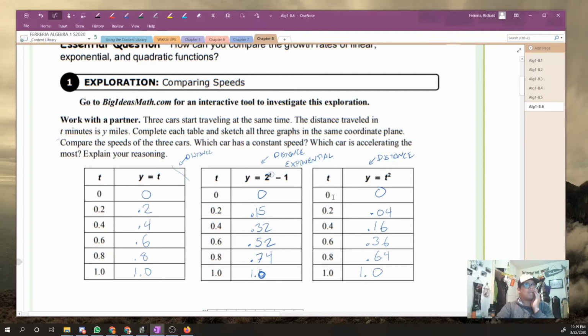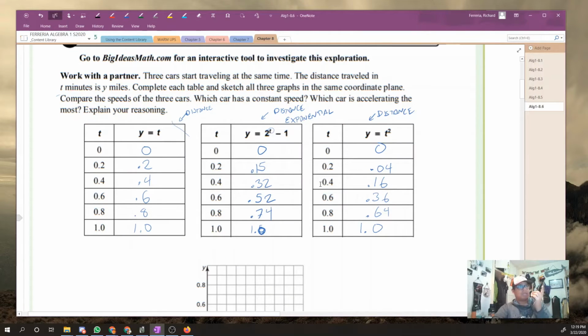Now that we have that in the chart, at t equals 0.2, it looks like the fastest one is linear, second fastest is exponential, and the slowest is quadratic. At 0.4, again the fastest is linear, and the next fastest is exponential, and then the slowest is quadratic.